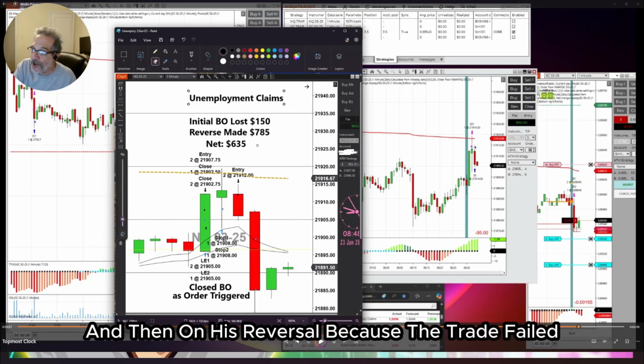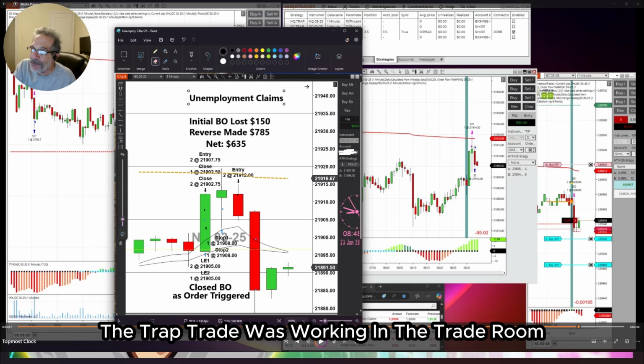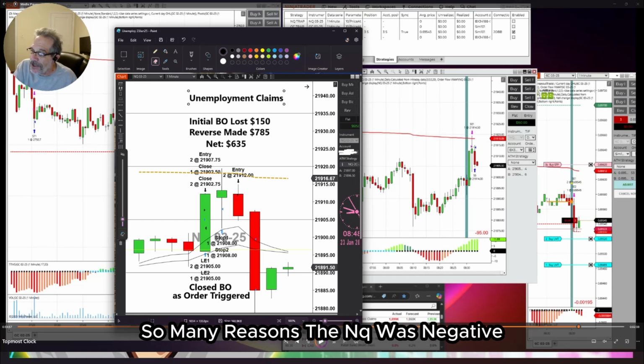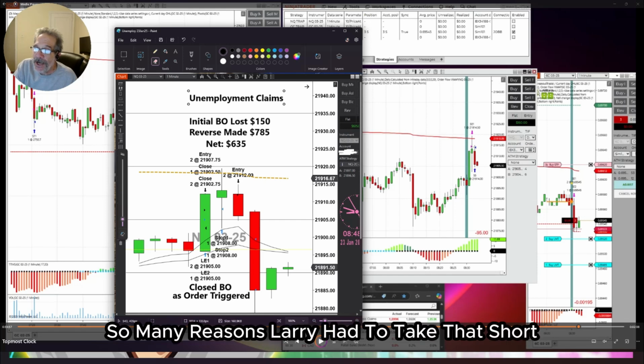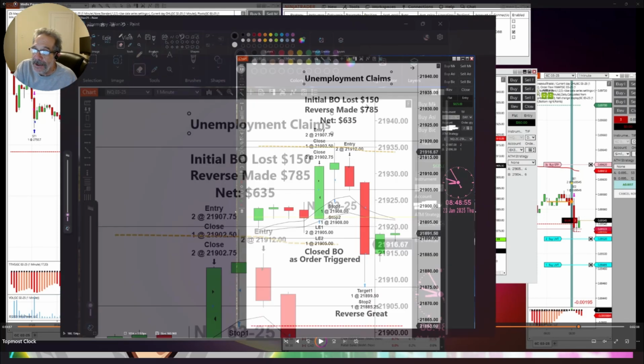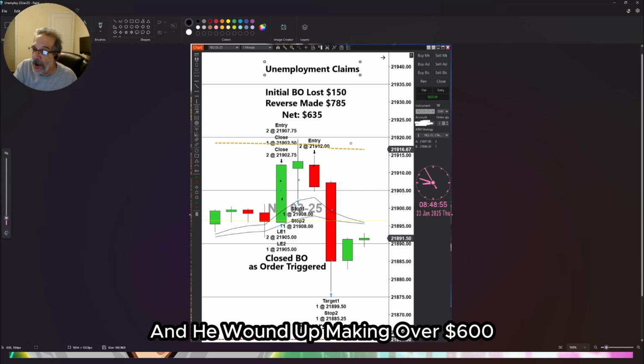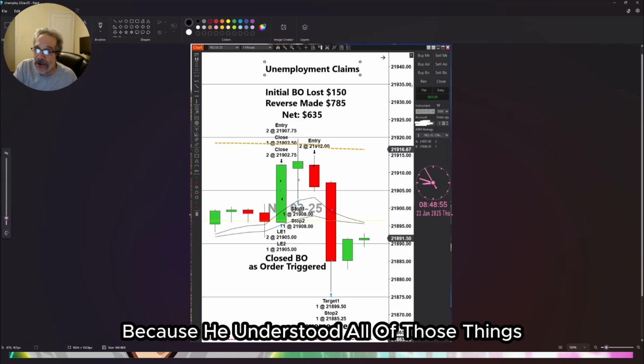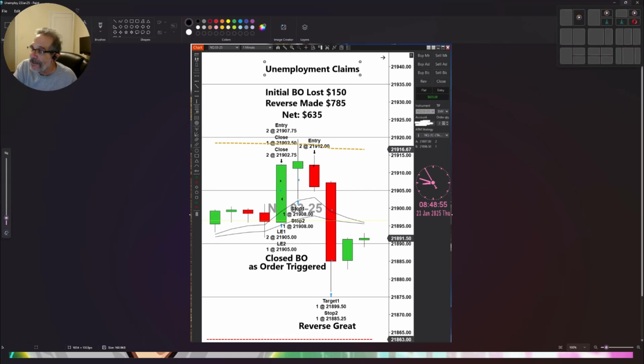And then on his reversal, because the trade failed at the VWAP, the trap trade was working in the trade room. So many reasons. The NQ was negative. So many reasons. Larry had to take that short, and he wound up making over $600 because he understood all of those things, all of those lessons.